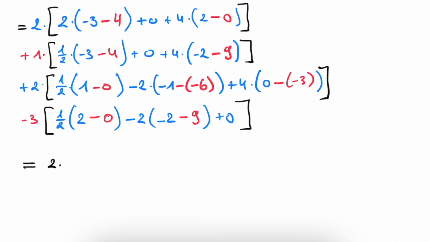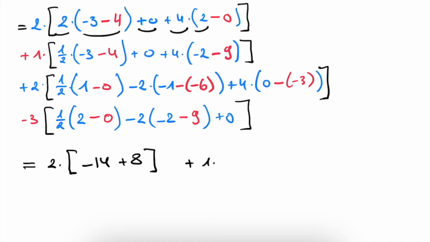So we have 2 times minus 7 is minus 14, plus 0 is 0, plus 4 times 2, which is 8, so plus 8.